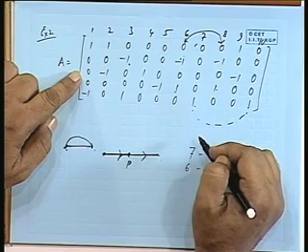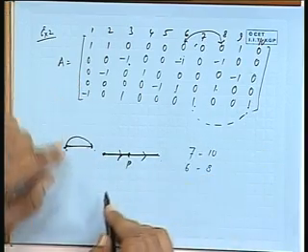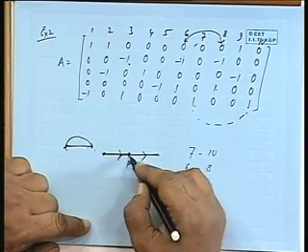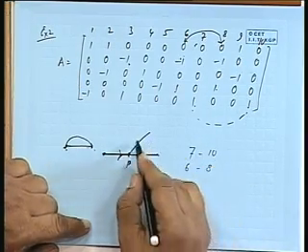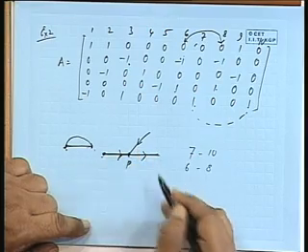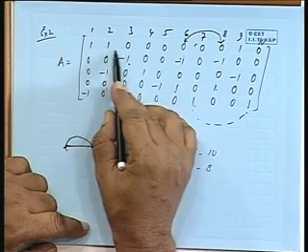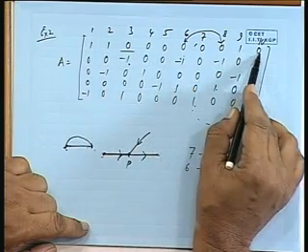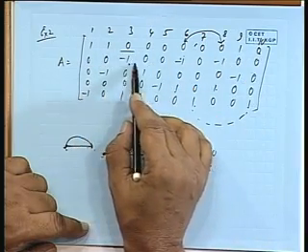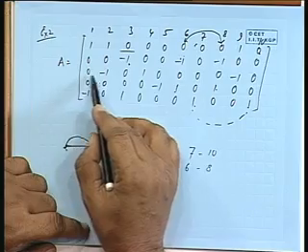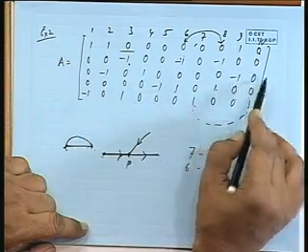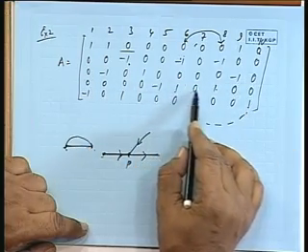Not in parallel. Suppose there is a branching like this. Will you call it in series? So, is there any such element here? No. Any such element in this node? No. Is there any such element here?